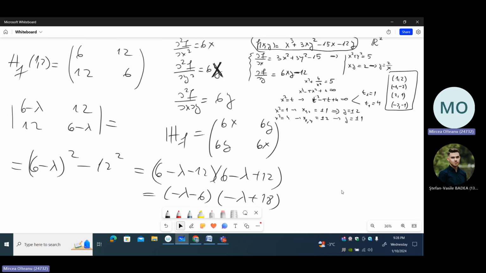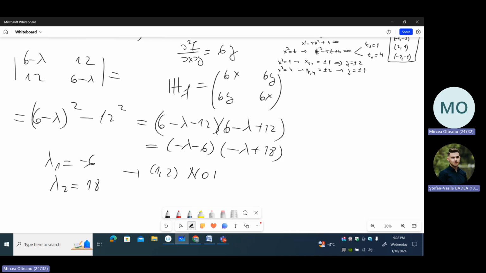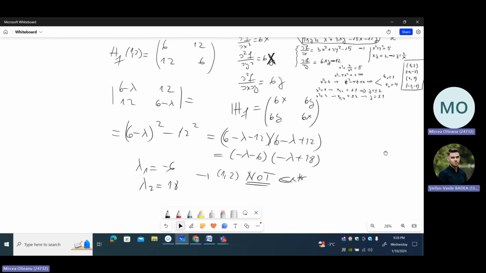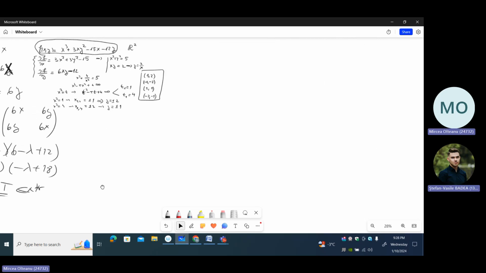The eigenvalues are lambda 1 is minus 6, lambda 2 is 18. So the point of coordinates 1, 2 is not an extremum because we have both positive and negative. Okay, the next one, minus 1, minus 2.